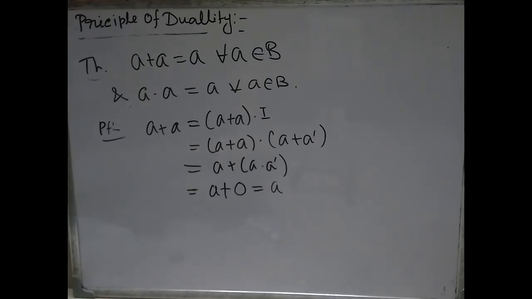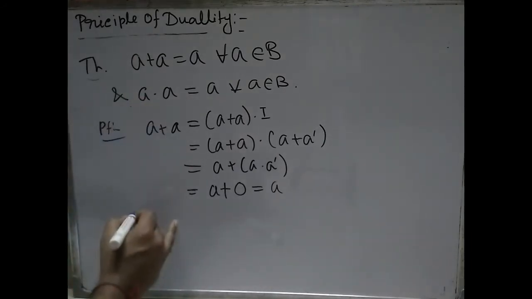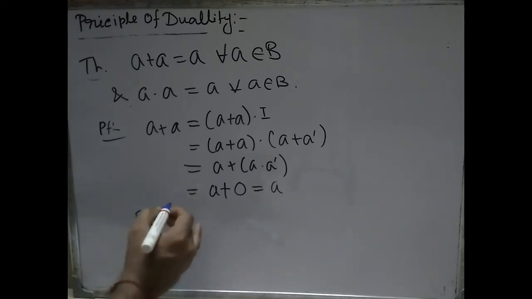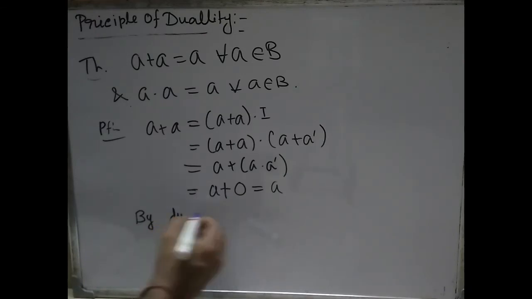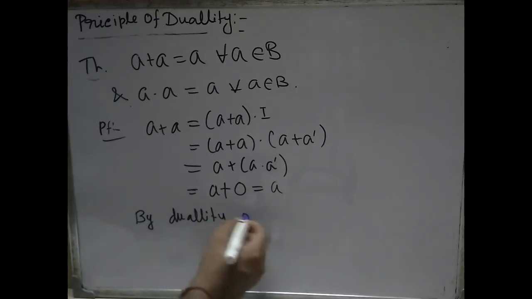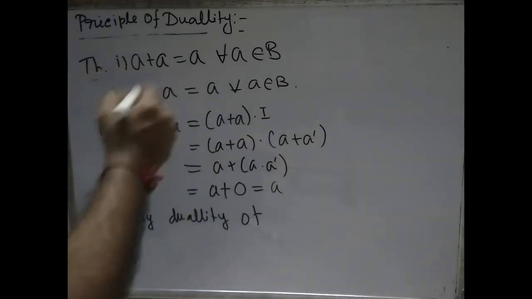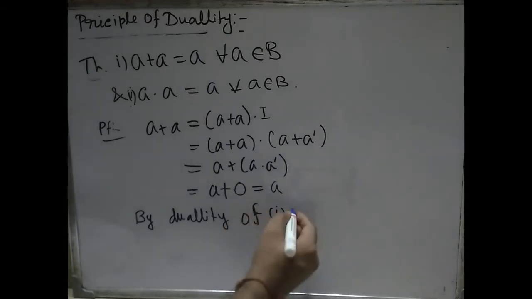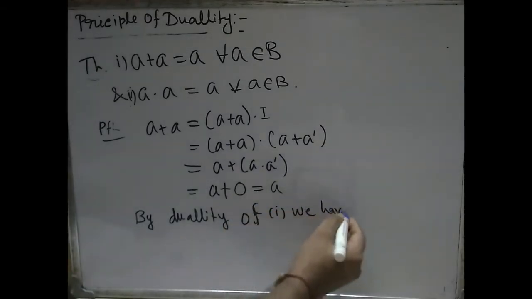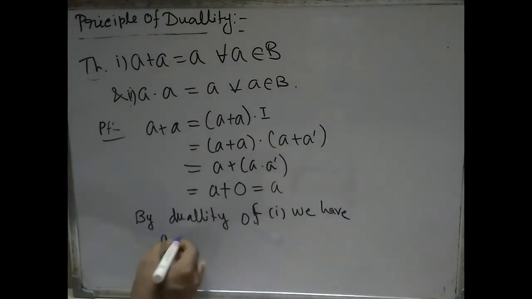So by duality of 1, we have b dot a is equal to a.